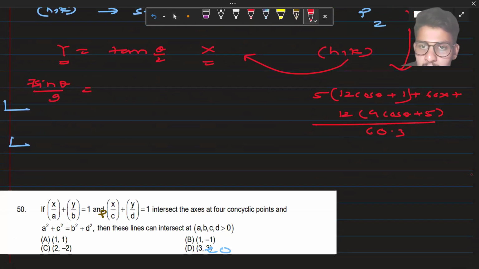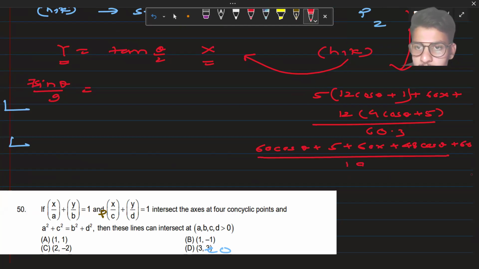When you multiply it, you will get 60 cos theta plus 5 plus 60x plus 48 cos theta plus 60 divided by 180. That is the x coordinate.